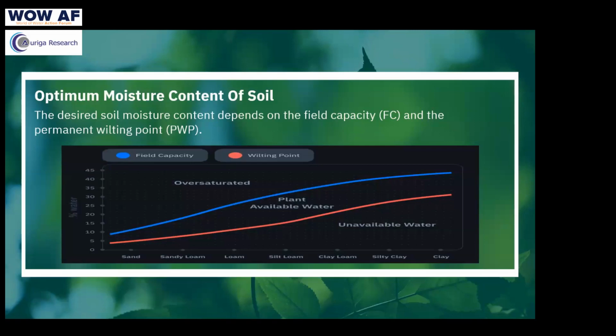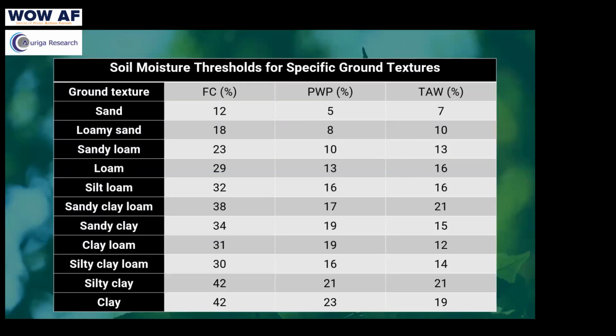And of course, the ability of the plant, the nature of the plant, in addition to the texture, will also play a role in determining how we come across this total available water. So even though the total available water in a particular soil texture may be a particular percentage, some of the plants may not be able to access it by virtue of their own intrinsic nature.